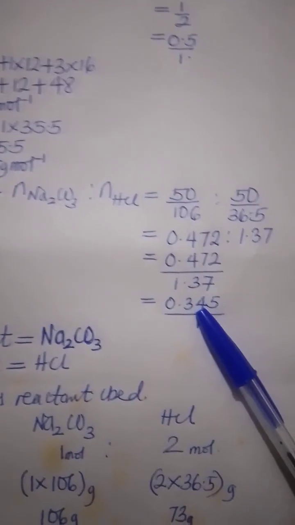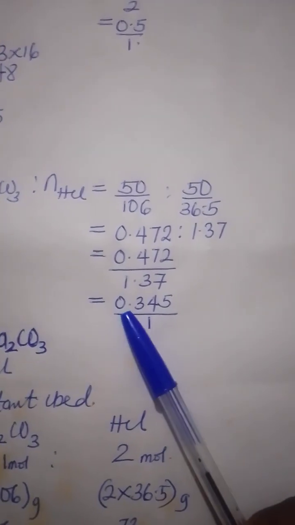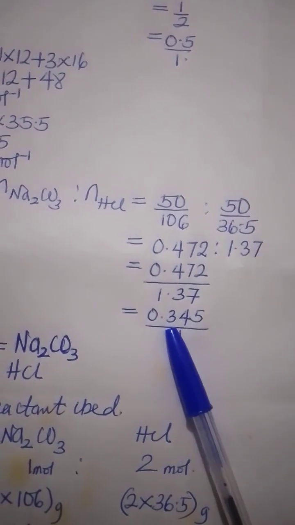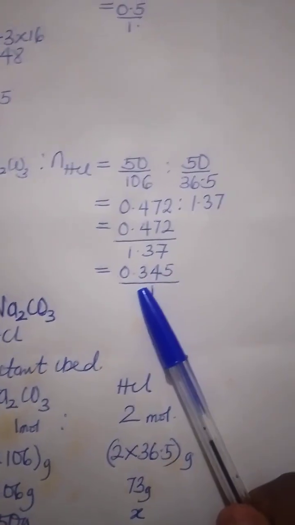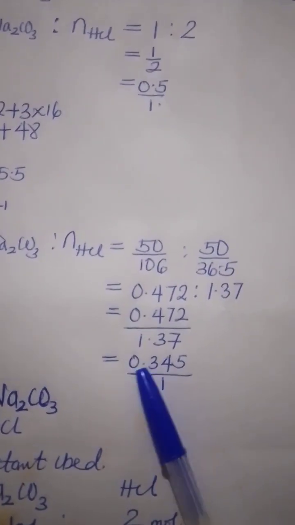And here, by the time we finished resolving, the reaction is saying we have 0.345 for sodium trioxocarbonate 4 and 1 for HCl.